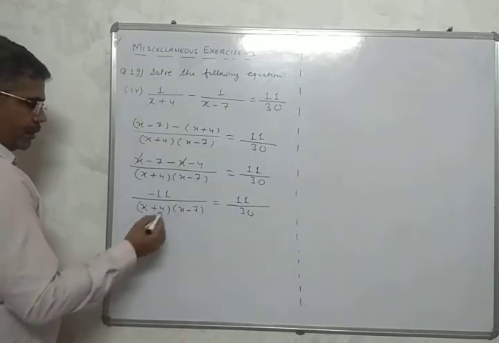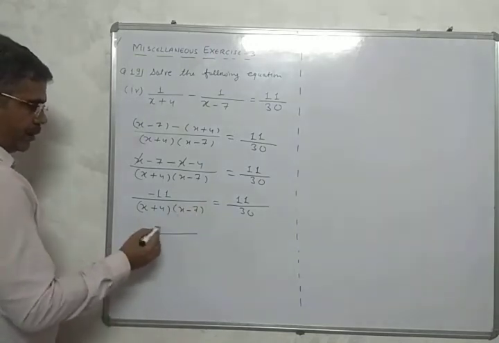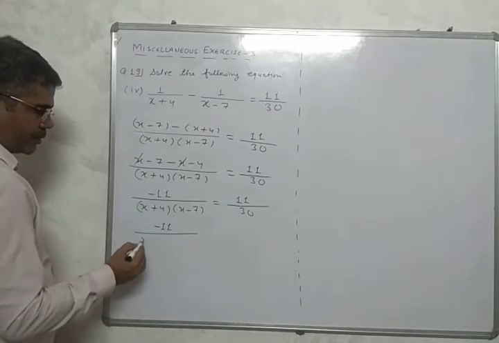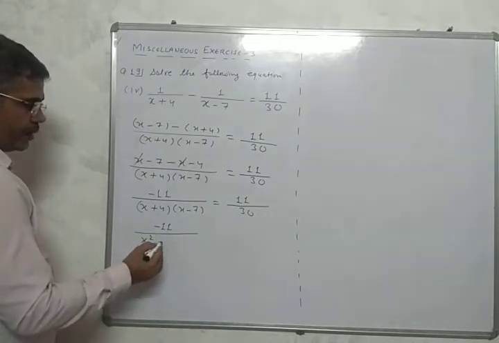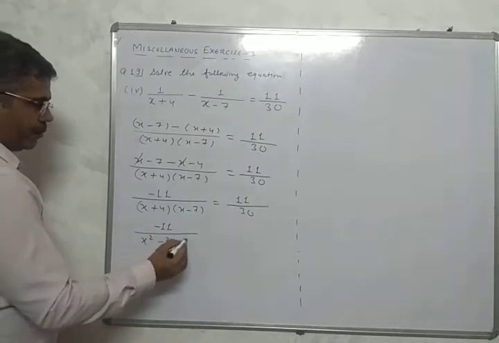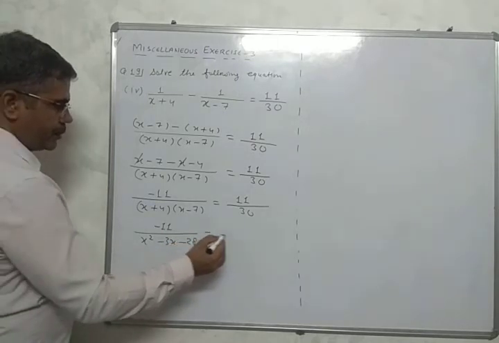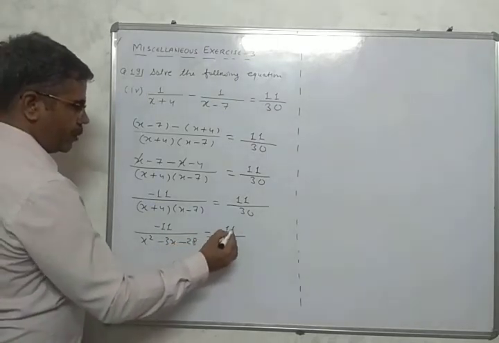If we multiply, we have x square minus 3x minus 28 in the denominator, equals to 11 upon 30.